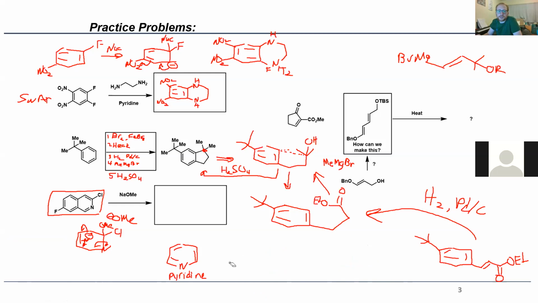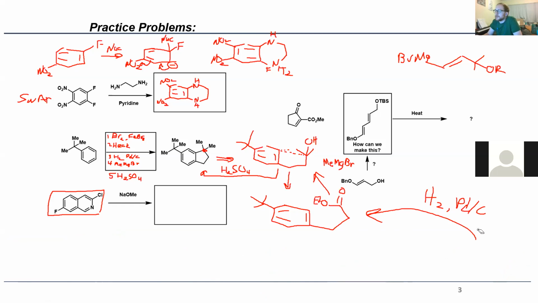There's two questions in here. Is there a difference in reactivity between chloride and fluoride as leaving group in SNAr in general? Yeah, so fluoride is a better leaving group, or perhaps is a better electrophile is what I'll say, than chloride in these reactions.